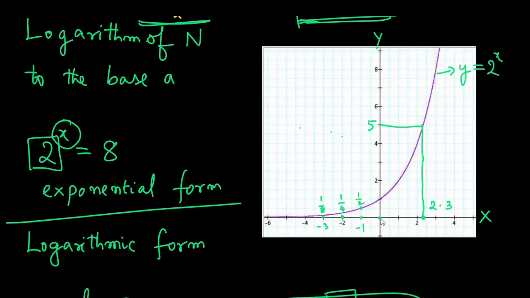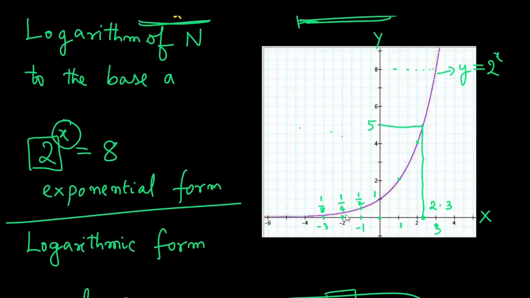When x is equal to 0, y is equal to 1, 2 power 0 is equal to 1. When x is equal to 1, y is equal to 2. When x is equal to 2, y is equal to 4. When x is equal to 3, we are getting y is equal to 8. When values of x are varying, we are getting varying values of y.